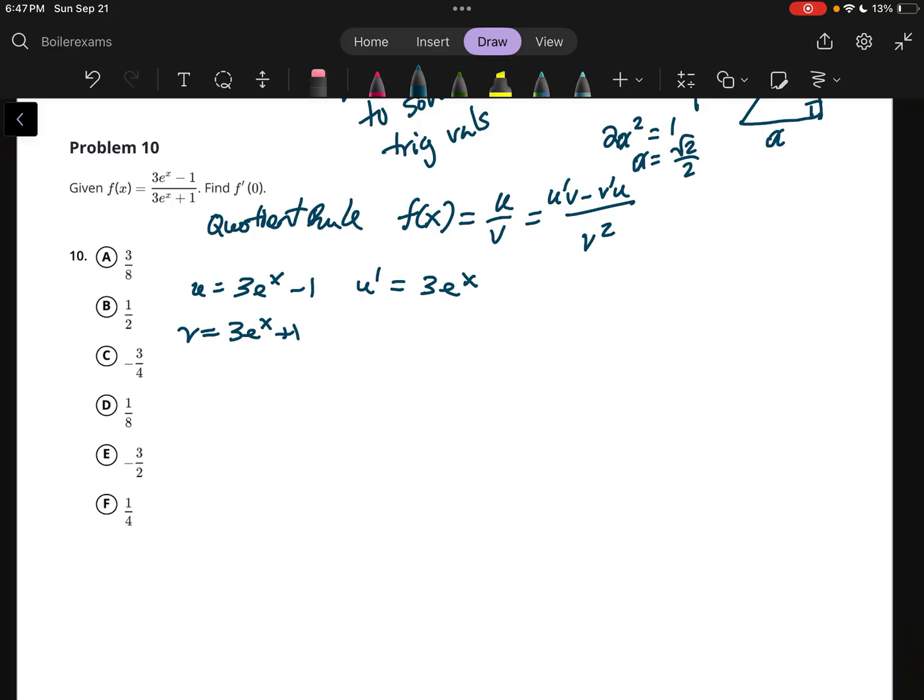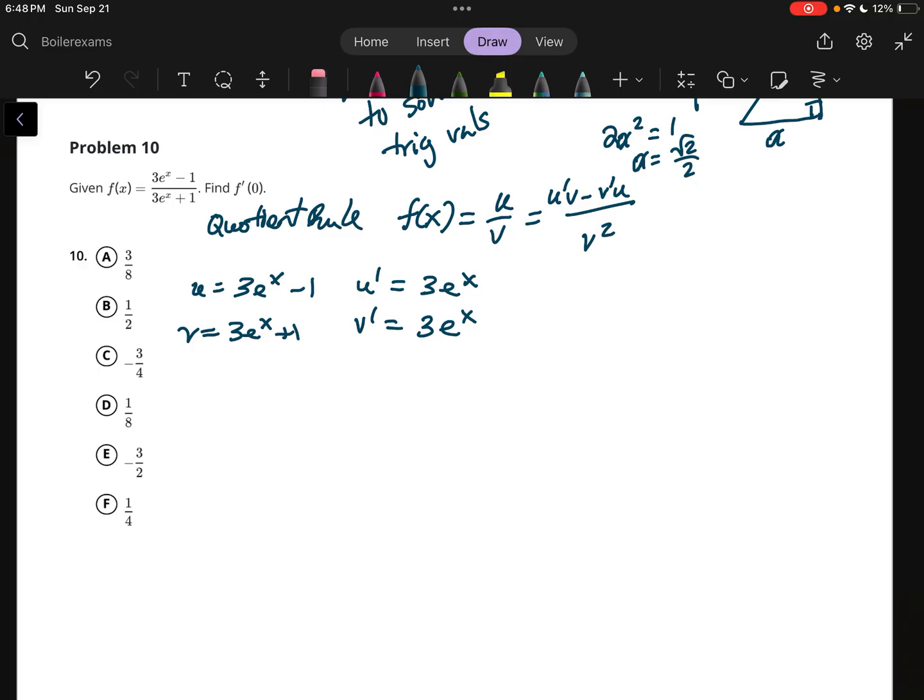So when I take the derivative, nothing changes with 3e^x because multiplying constants stay the same, and our constant minus 1 just disappears because it's a constant. And then v prime also becomes 3e^x for the same reasons.